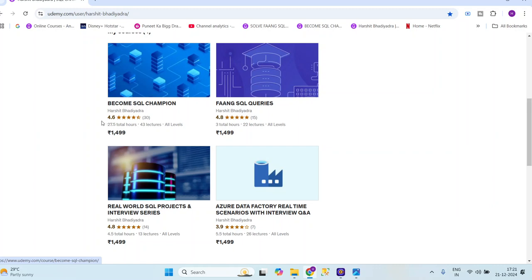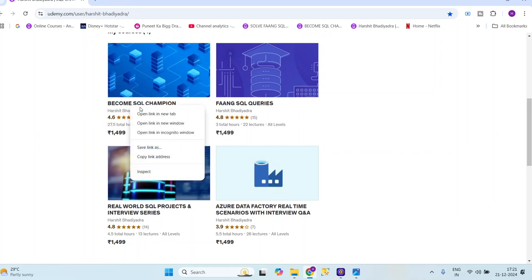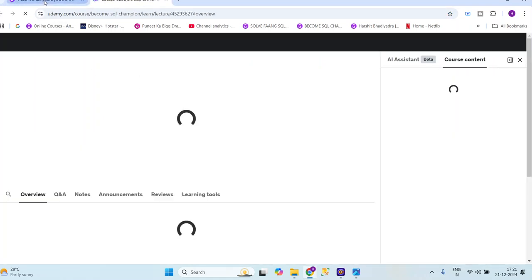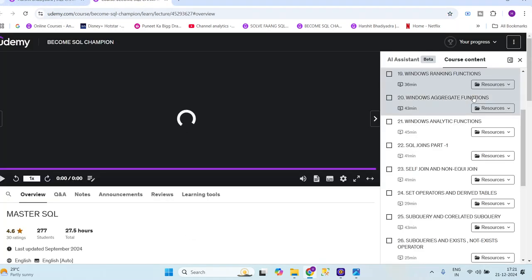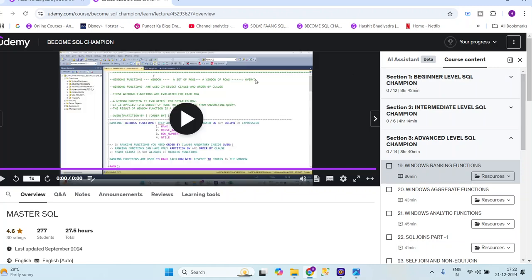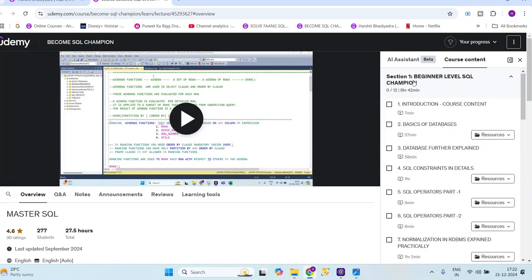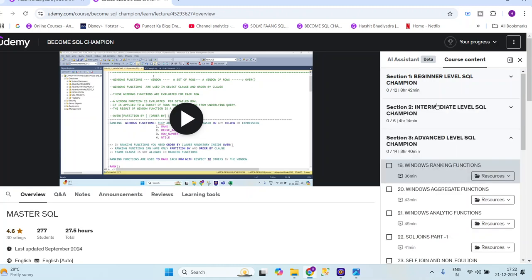Let me try to open it. See, these are the different contents. From the beginner level there are around 12 lectures, and that is also 8 hours of content.